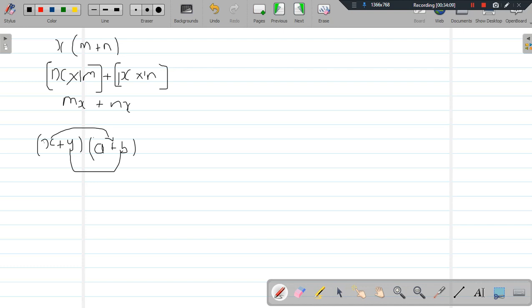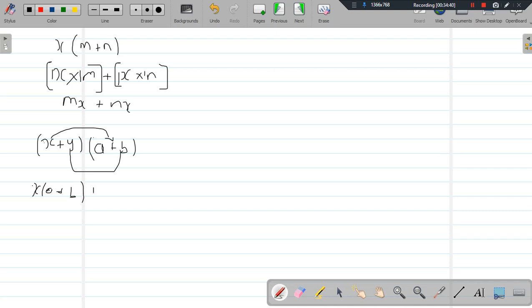So what we are going to do here is, this can be expressed as x multiplying an expression of a plus b. Then what is here?